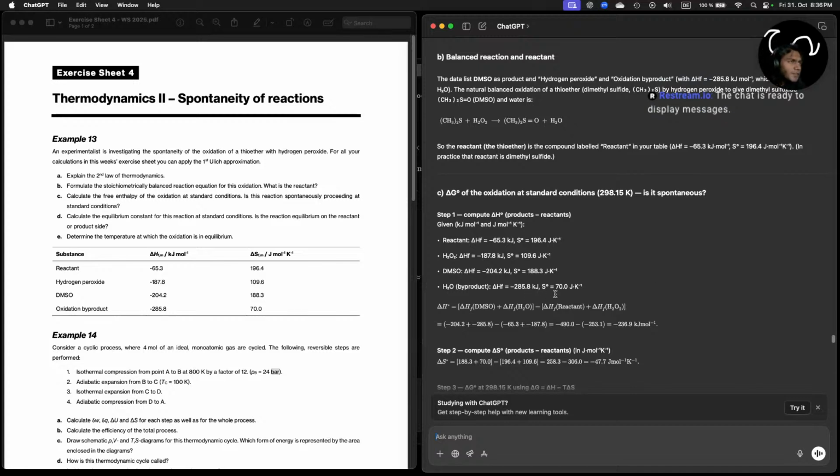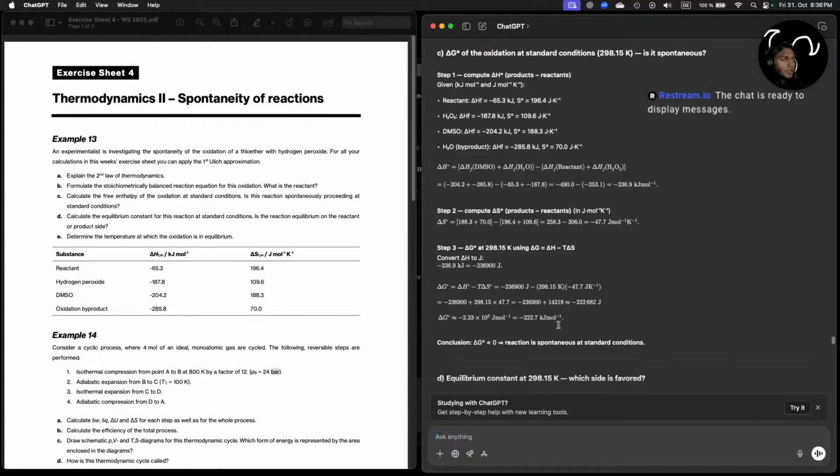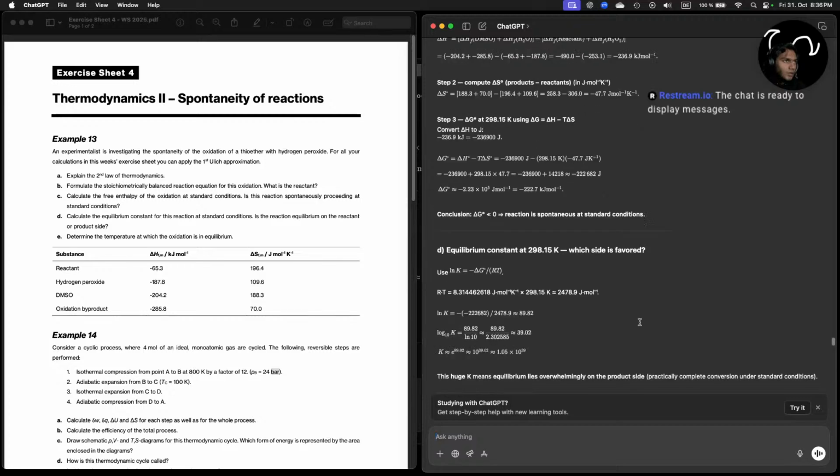Did you convert it? Did not convert. Kilojoule per mole. RT is joule per mole Kelvin times Kelvin. So this one is kilojoule per mole, and we have joule per mole. Okay, we converted.